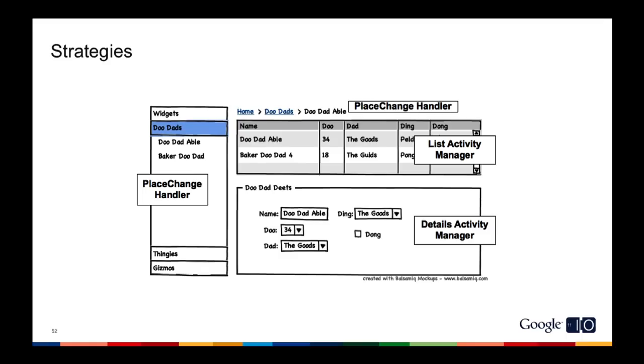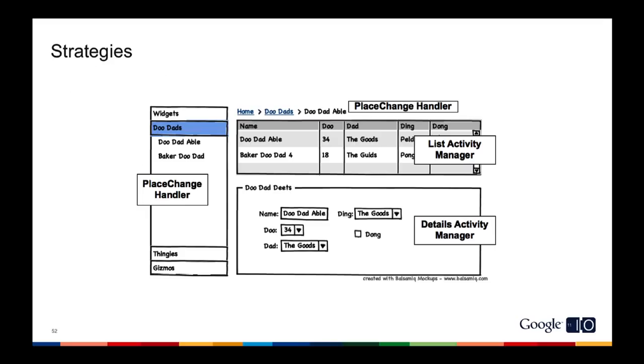So each has its own manager, and each will have its own mapper. But there would only be one place change. In this case, the URL would probably have something like detail, record ID equals 34. And then all three of these things would be listening for the place change event and would make the transitions appropriately. So the two on the right are wired up with places and activities.